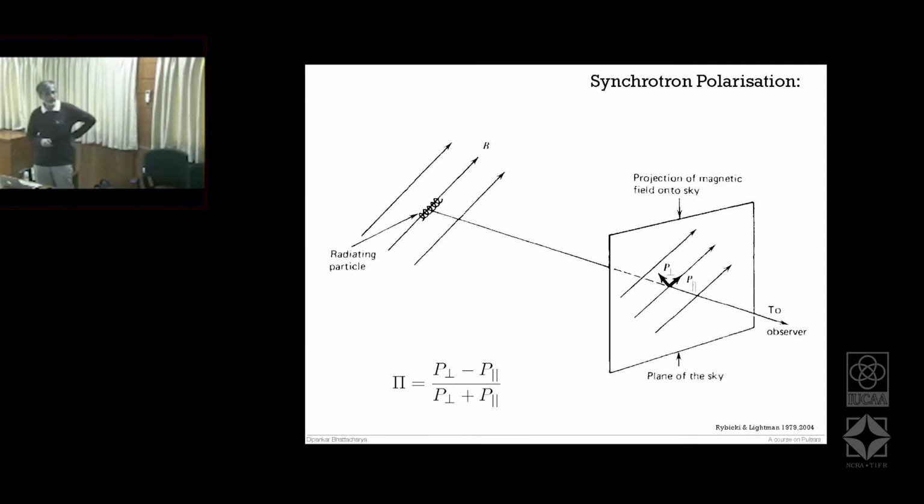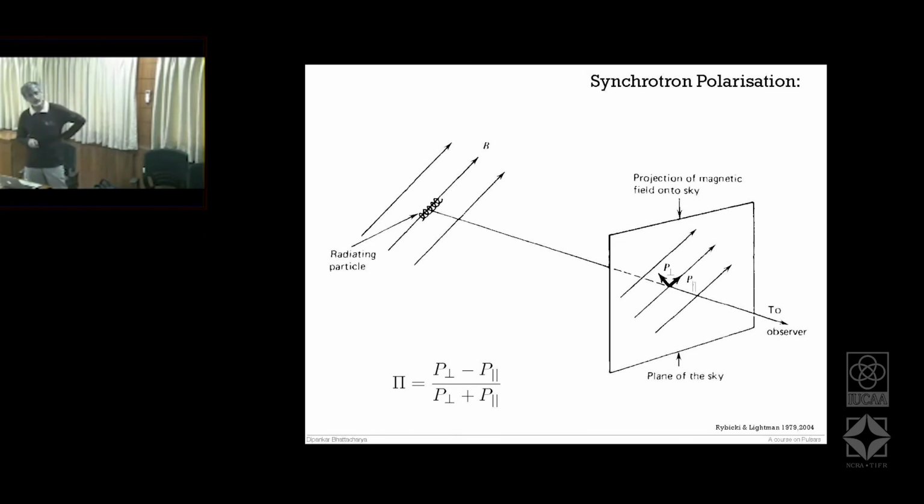So the net polarization from these particles can be split up into parallel and perpendicular components with respect to the magnetic field, and the polarization degree is defined as this ratio, P perpendicular minus P parallel over P perpendicular plus P parallel, and the perpendicular component always dominates.